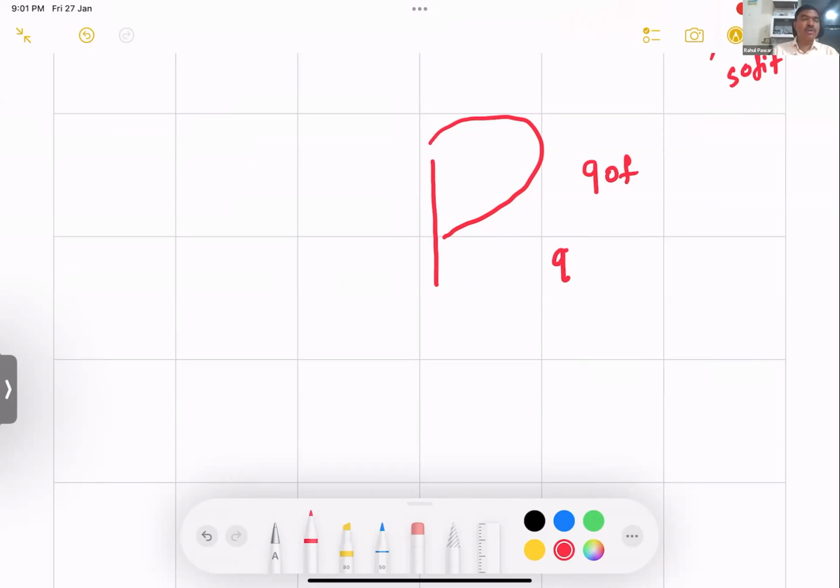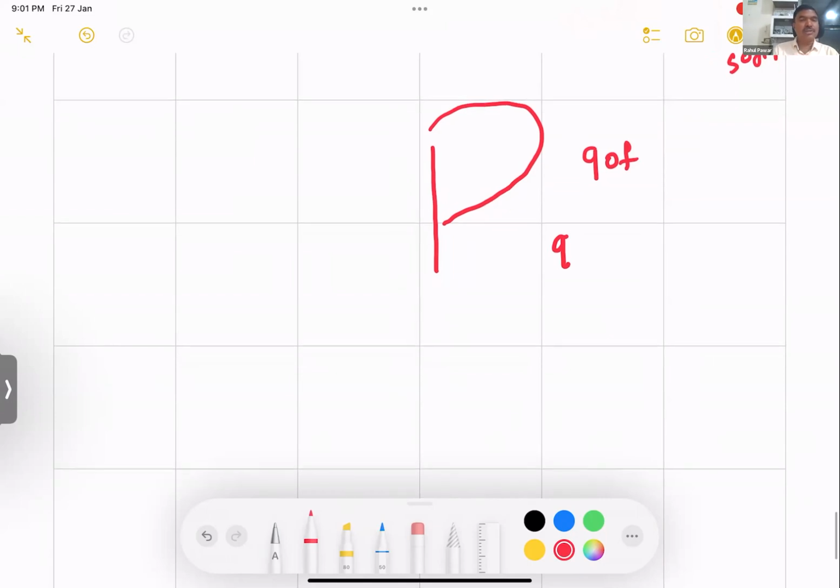Now, a very important thing to remember here is, although the English transliteration is Q, the sound is K. While doing the transliteration, you have to write Q, but while pronouncing, you have to pronounce the K.